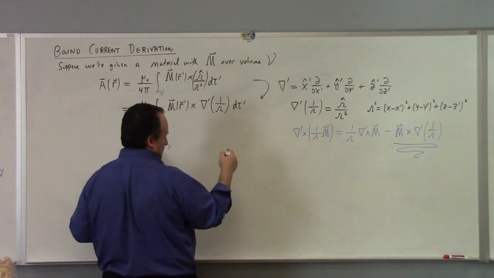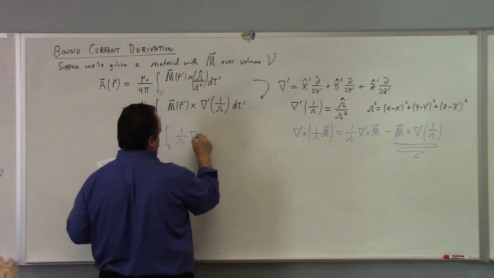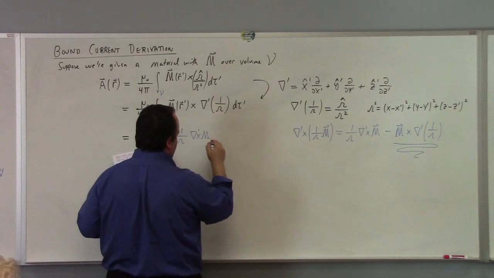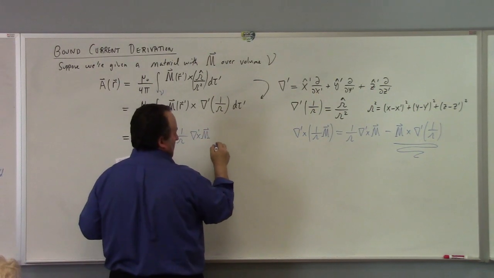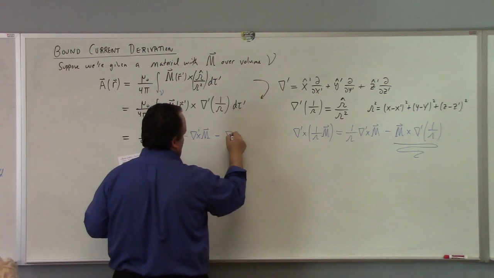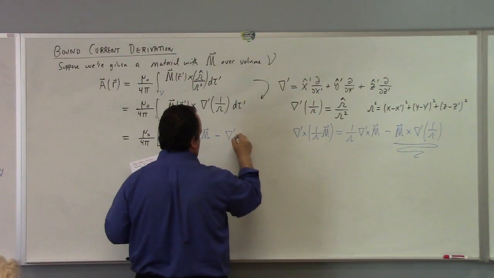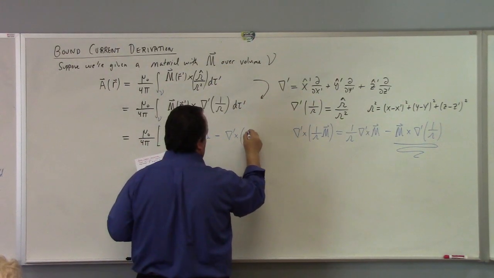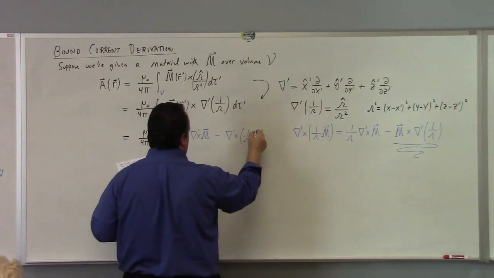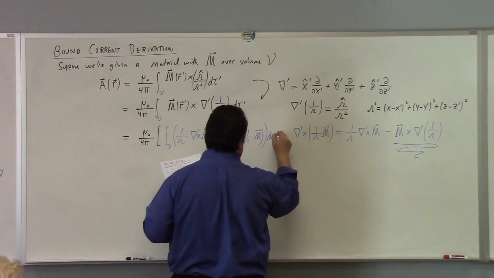I can trade it for the integral of 1 over script r times curl prime of M minus curl prime of 1 over r M, d tau prime, I think.